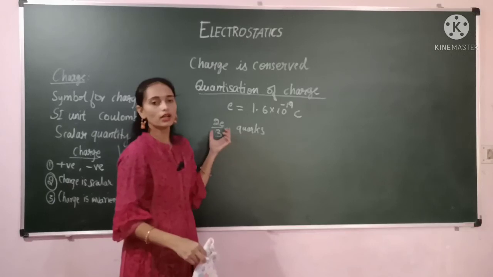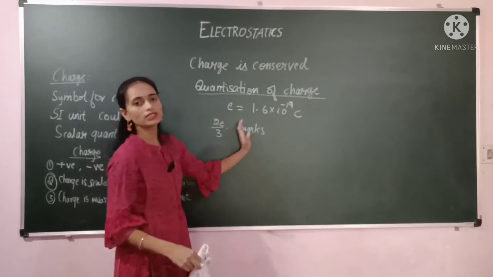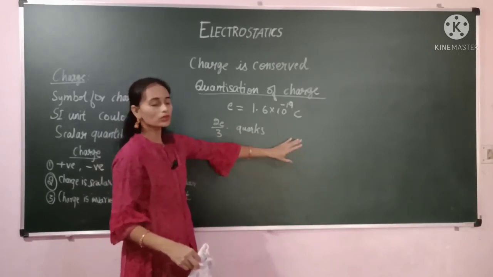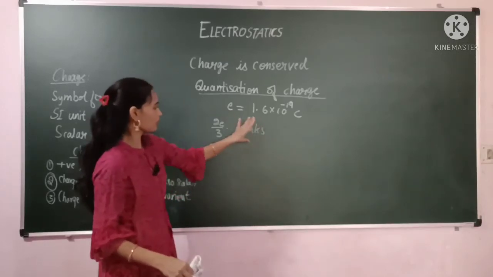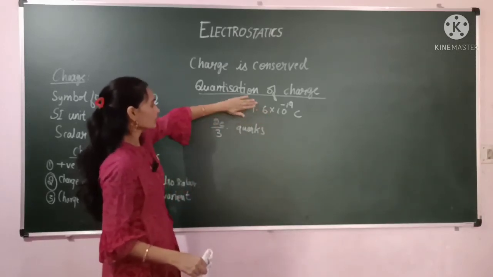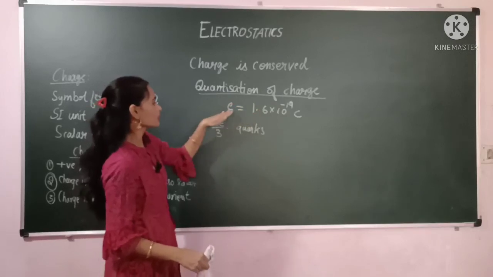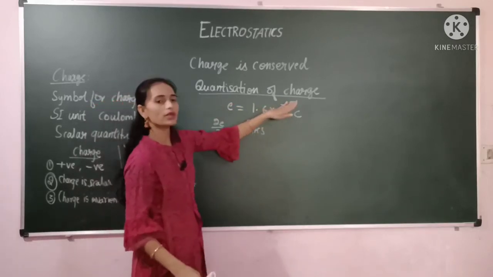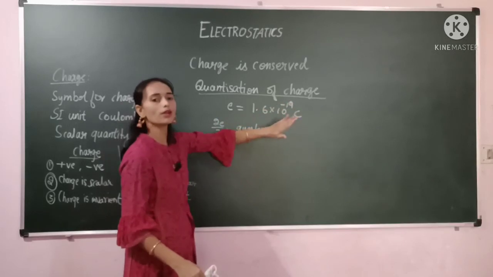We cannot get a single quark; it is always associated with an antiquark. So these values we cannot consider. The smallest independent charge is e equals 1.6 into 10 to the power of minus 19 coulomb. Smaller than this we cannot get.